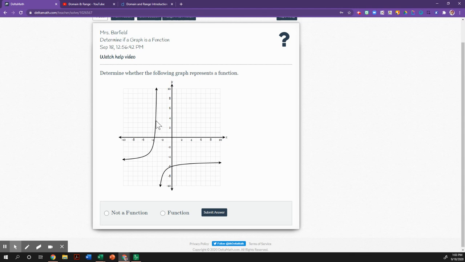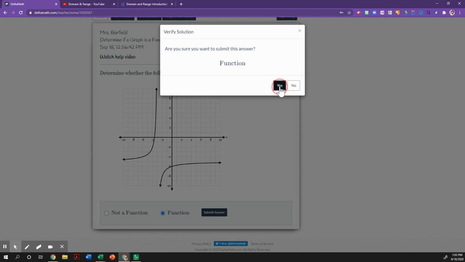Even still, as it goes here, it's just continuously getting closer to that vertical line, so that means it's moving. That's still okay. If I go here, I've got vertical lines. All of this is a function. So yes, submit my answer.